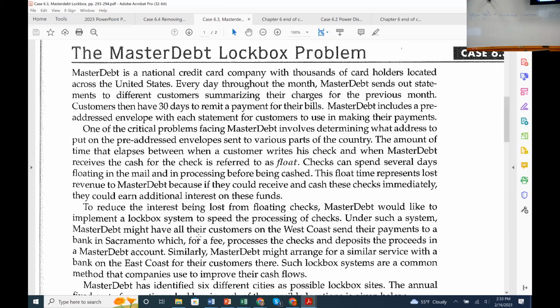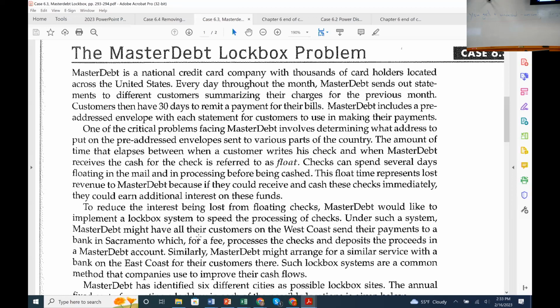What are they deciding? First of all, what is a lockbox? It's something that they use to help them increase their cash flow. So they're not waiting for checks that are taking a long time to send in the mail. It's like a place they can go to liquidate the check, if I'm understanding it. Yeah, basically.